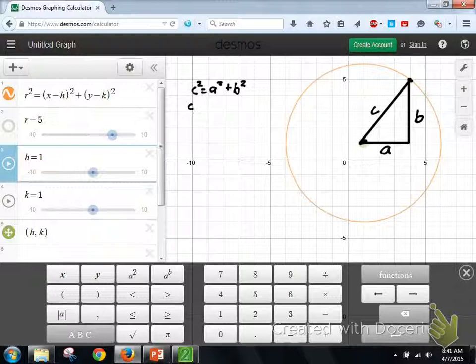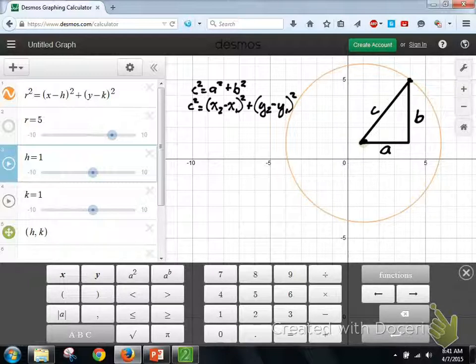So we've got c squared is equal to the changes of x, which is (x2 minus x1) squared, plus (y2 minus y1) squared. Okay? So if I have a center of (1, 1), the outside of my circle is always going to be a variable. It doesn't matter which point.